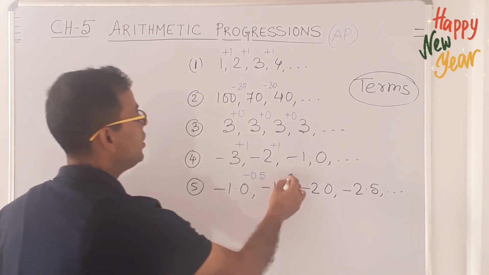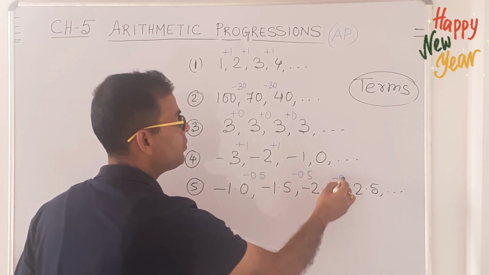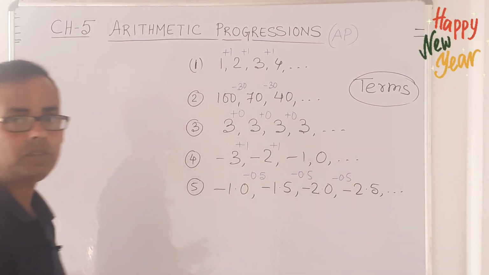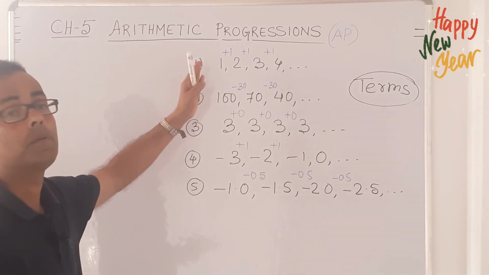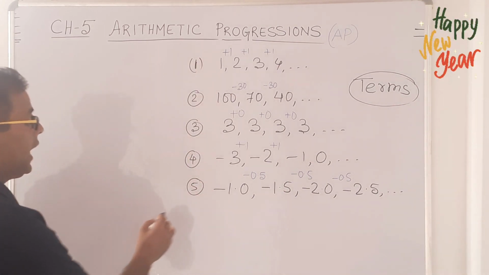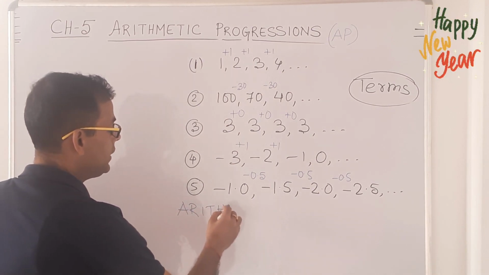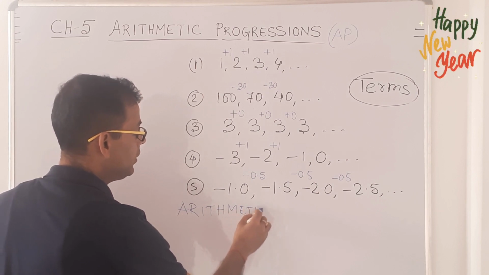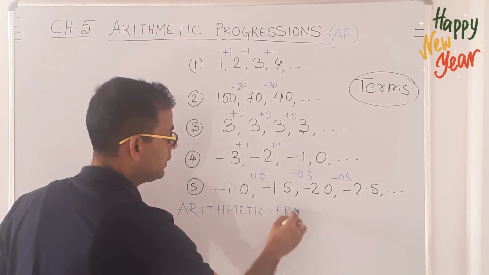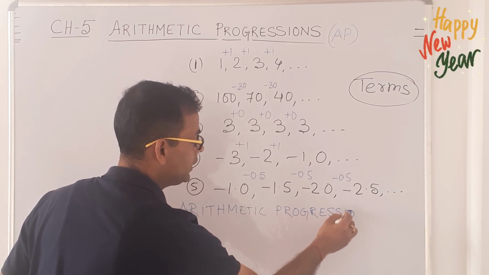Here also minus 0.5, here also minus 0.5. Clear? Such a pattern is known as arithmetic progression.